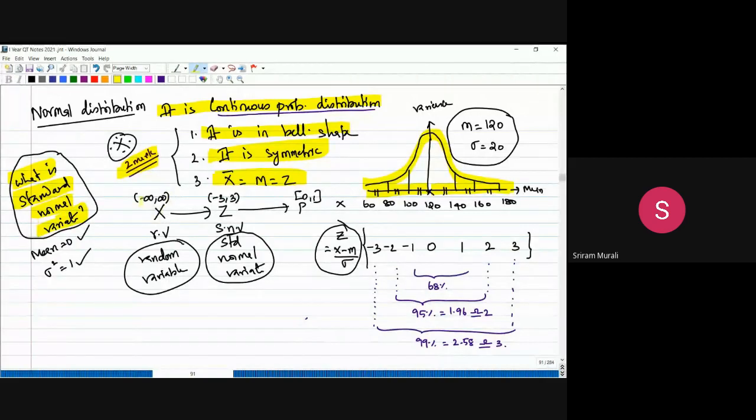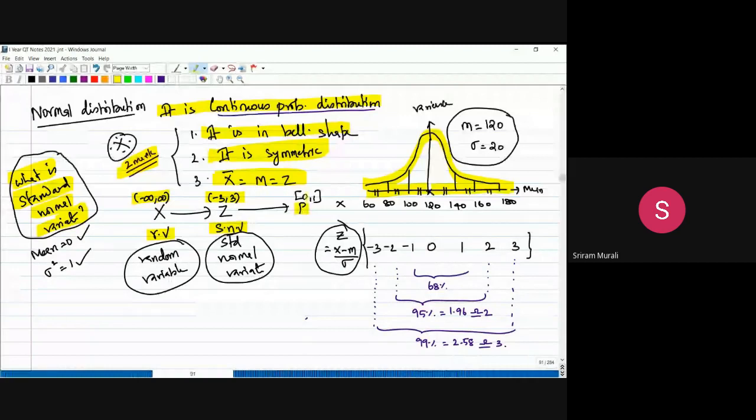X is a random variable. It varies from -infinity to infinity. Z is a standard normal variable. It varies from -3 to 3.